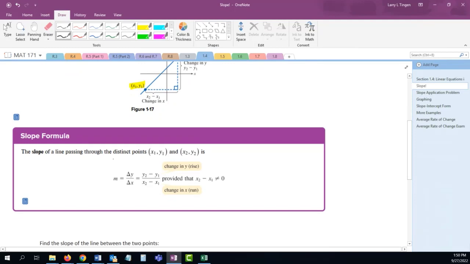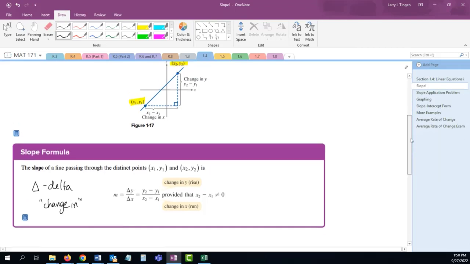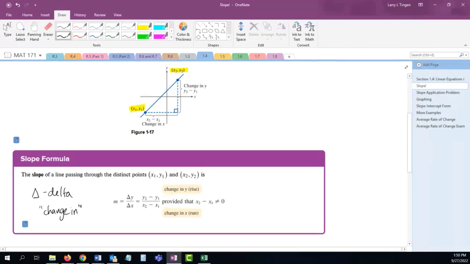This is the Greek letter delta, and delta typically refers to change. So we're saying the slope is equal to the change in y over the change in x. In other words, however long this vertical line is divided by however long this horizontal line is.